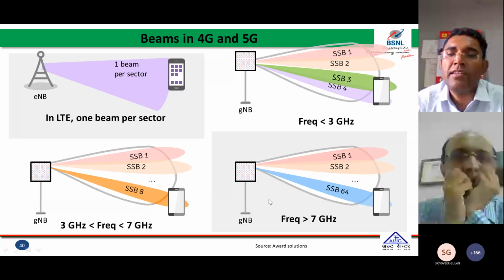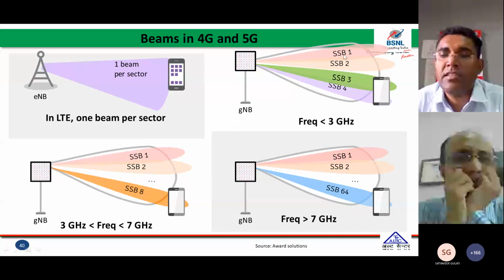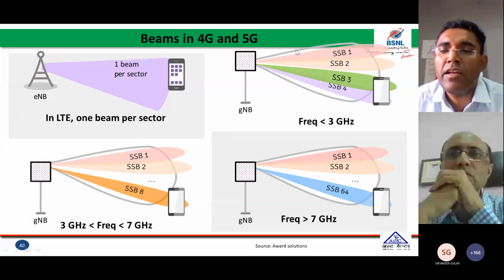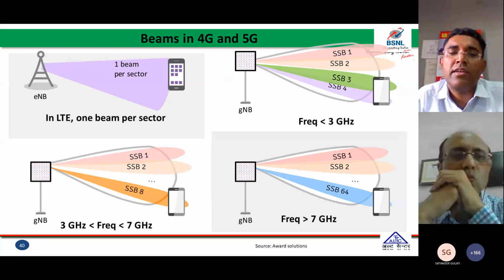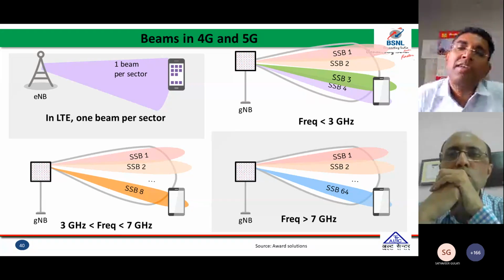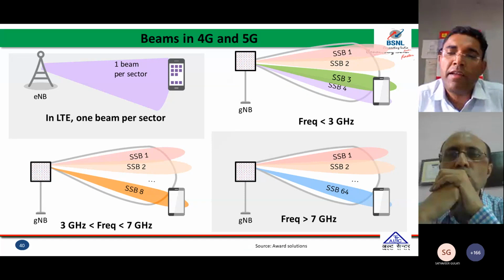Less than 3 gigahertz means they are using only 4 synchronization signal blocks. Within one cell, there are 4 subcells for varying the coverage. Now in 5G, your coverage is not cell based, it is SSB based, or you can say subcell based, or beam based coverage.